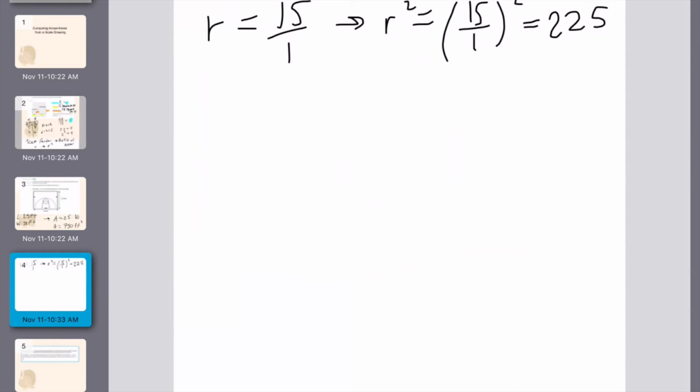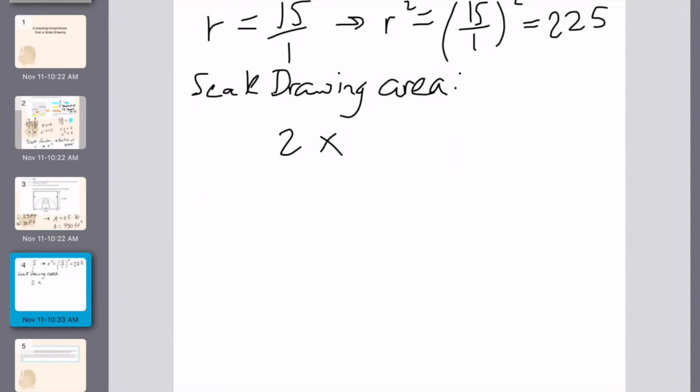Okay. The next thing I need to do is I need to find the scale drawing area. So essentially what I do is I need to do 2 times 1 2/3. That's ultimately going to give me 10/3 square inches, or inches squared.